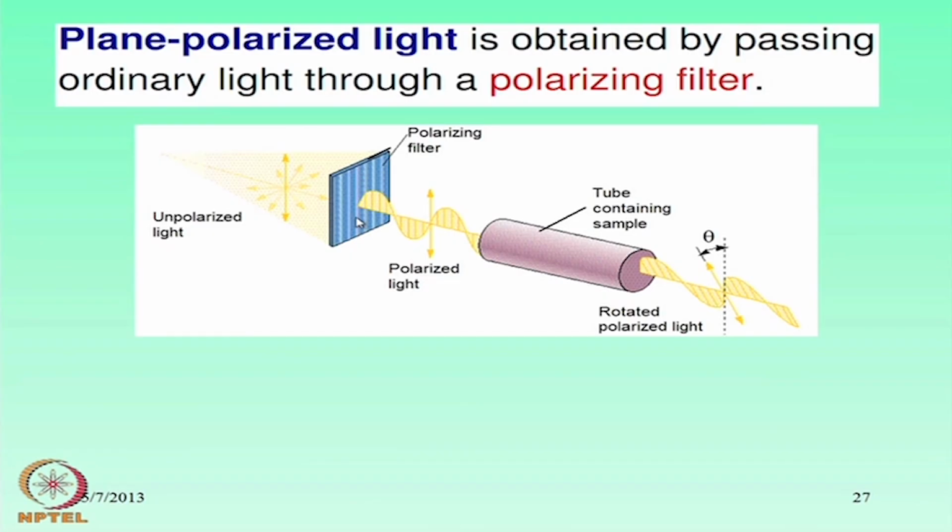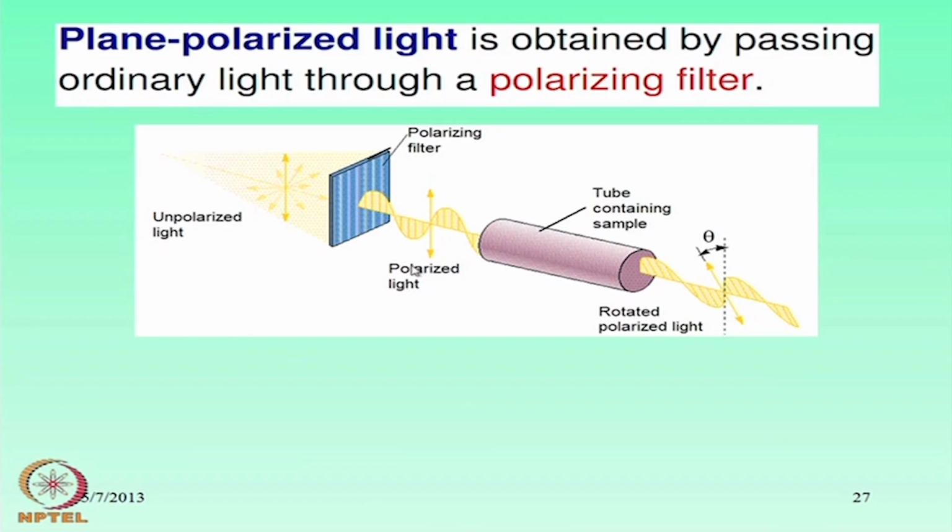If we pass it through the polarizing filter, which has a grid-like arrangement, it will only pass plane polarized light, that means light in one direction only.